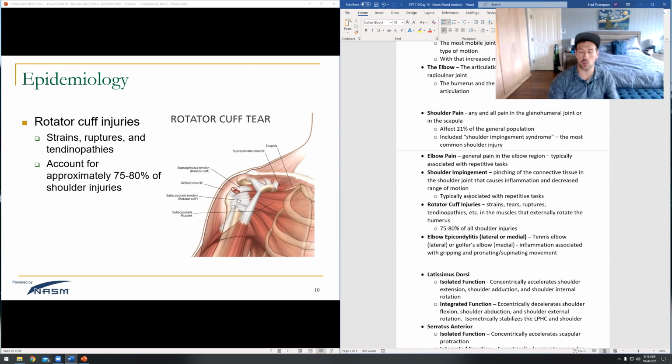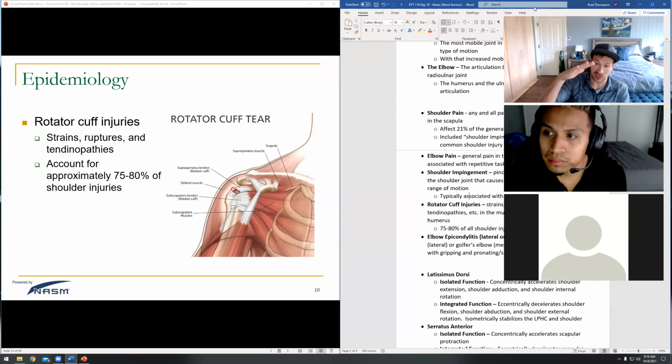And we also just live in a world where we're looking forward, typing forward, doing everything in the sort of anterior way. And so we're getting this rounding sensation here, and those muscles definitely get very tight and very overactive. So we're working on externally rotating that because we do way too much internal rotation. We also do too much scapular tilting and too much scapular protraction.